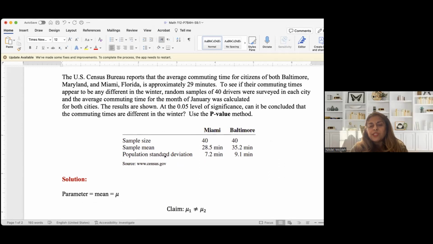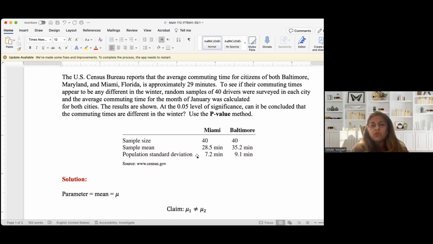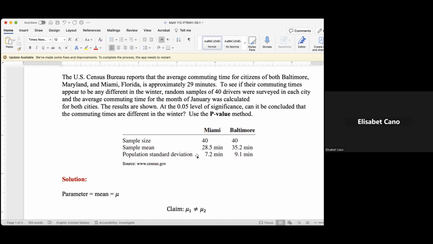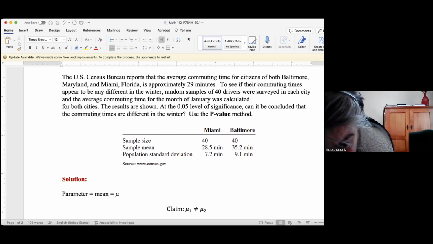I didn't read that part, the population standard deviation. I see it now. So in the calculator, I would not add this part, right? The population standard deviation. Oh, you have to. They ask you. Let me show you.